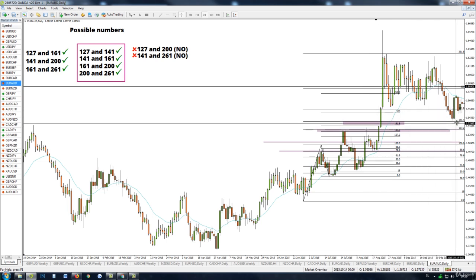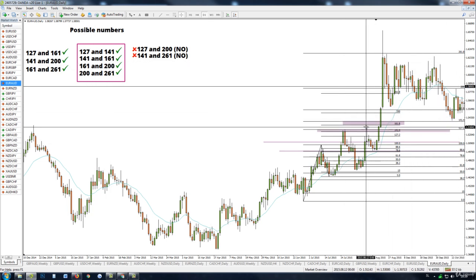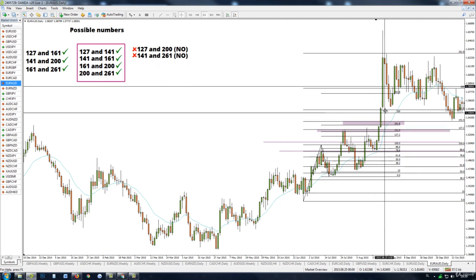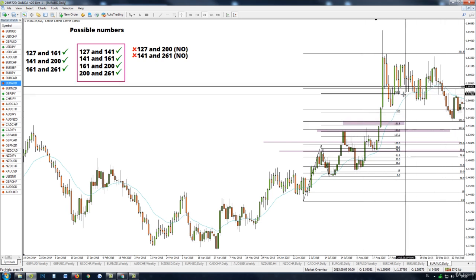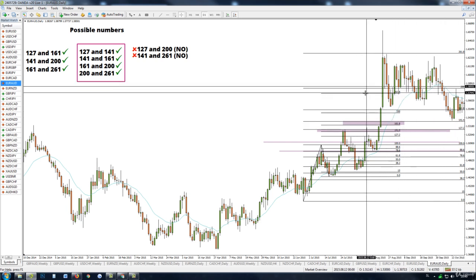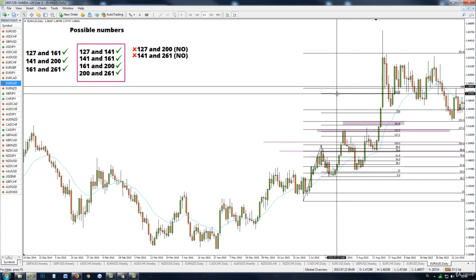The second one, 141, 161, is the second one. The third one is right here, but it is not too close, and even this one is not too close, so we would not trade that. And the last one, 261, is right here as well, and we would not trade that either.